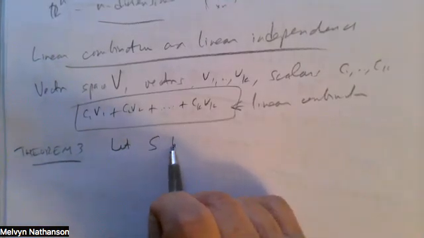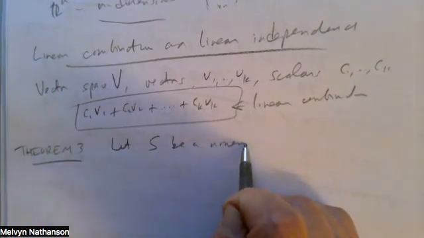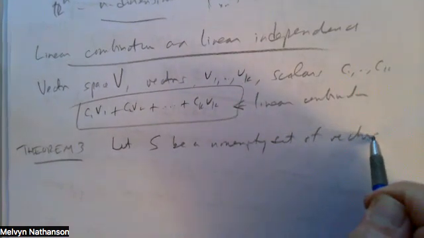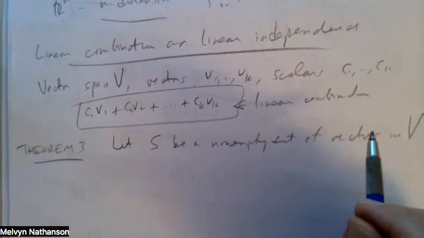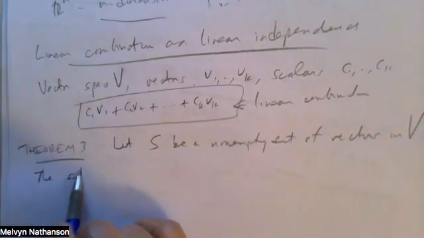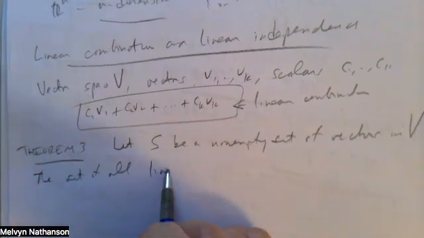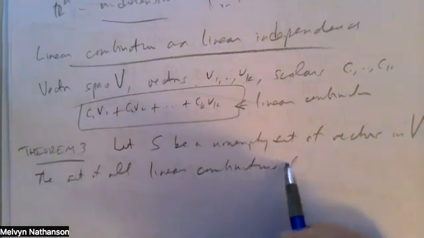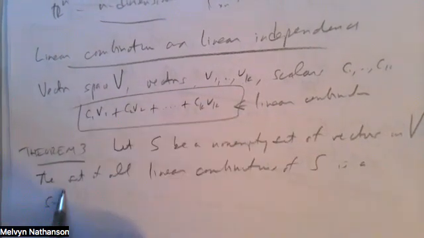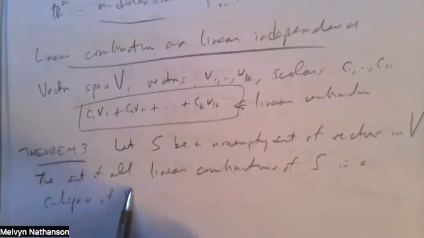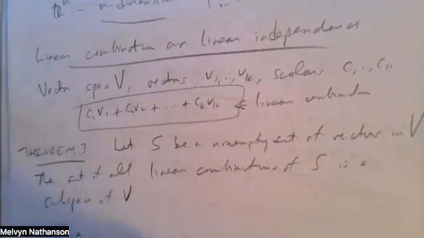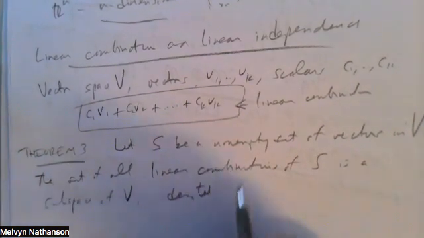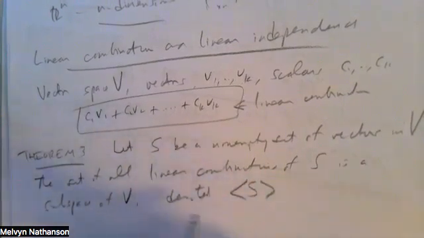So let S be a non-empty set of vectors in a vector space V. The set of all linear combinations of S is a subspace of V. And it's often denoted by S with brackets around it.